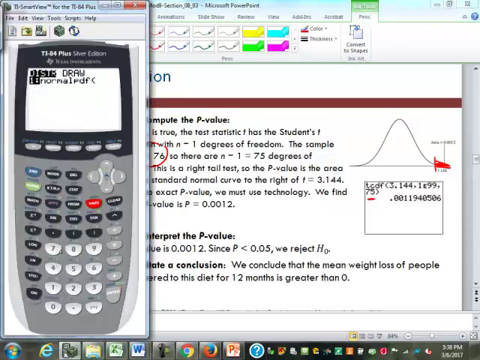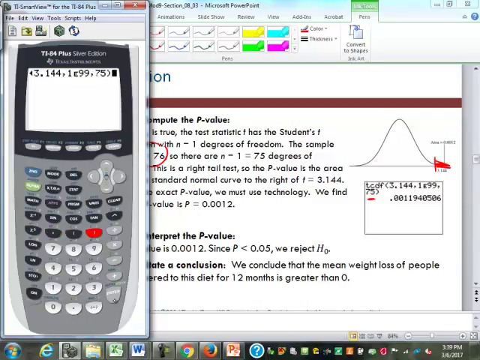For the distribution, we're going to use the t-distribution. The tcdf is going from 3.144, comma, infinity, so 1e99, comma, with 75 degrees of freedom.